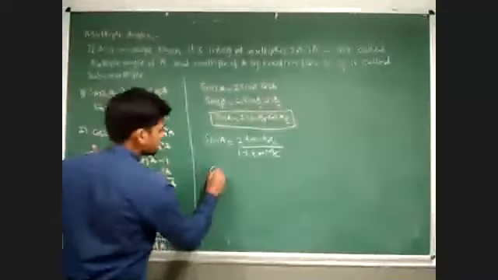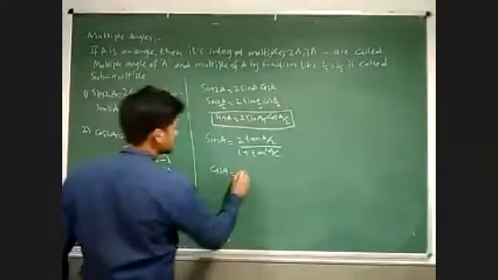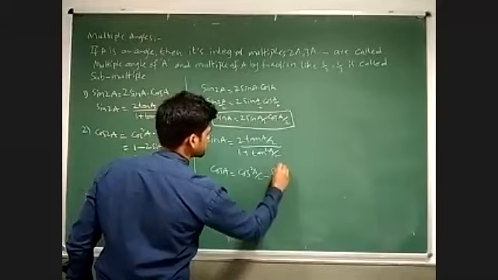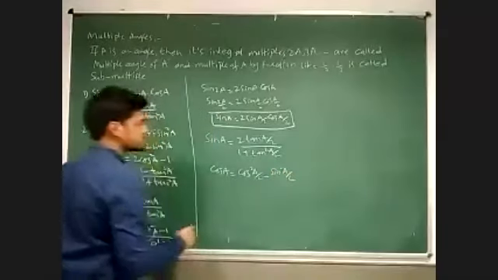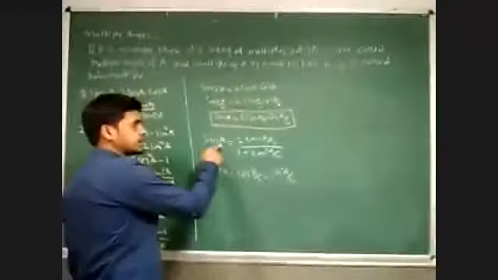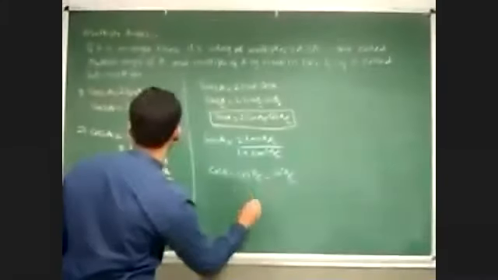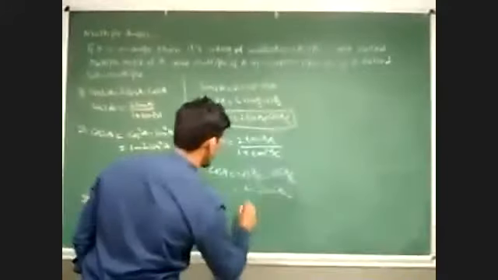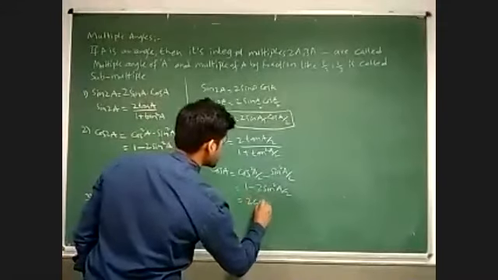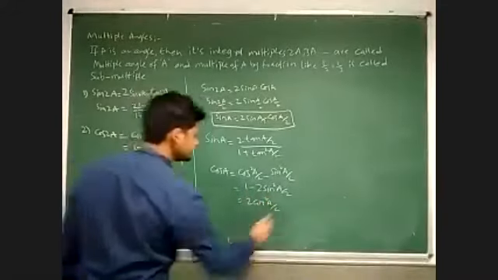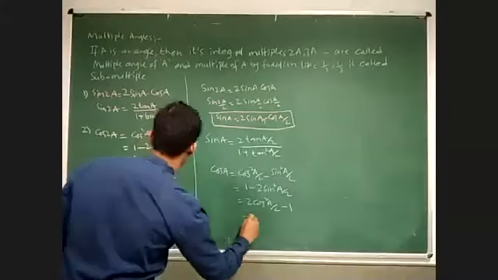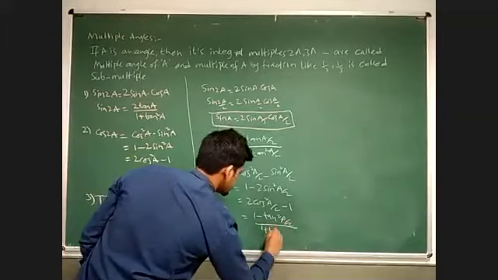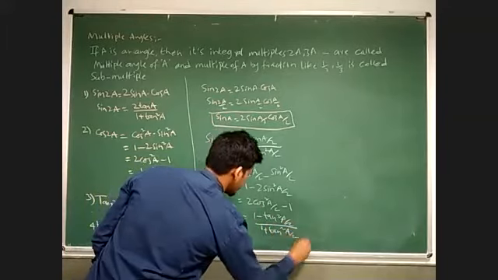Okay, so cos A is nothing but cos square A by 2 minus sin square A by 2, because if we have half here then we have to make half of this also. Okay, now 1 minus 2 sin square A by 2, 2 cos square A by 2 minus 1, and 1 minus tan square A by 2 over 1 plus tan square A by 2.